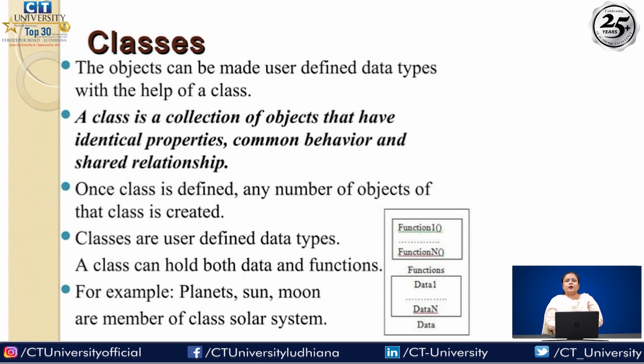The behavior, like the movement of the Earth, how much the Earth is revolving around the sun, the speed of the moon, the functionality of the sun, these are their behaviors, and the data relevant to those attributes is contained in that particular class.